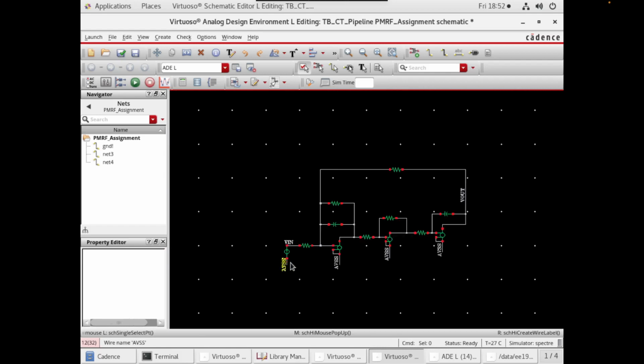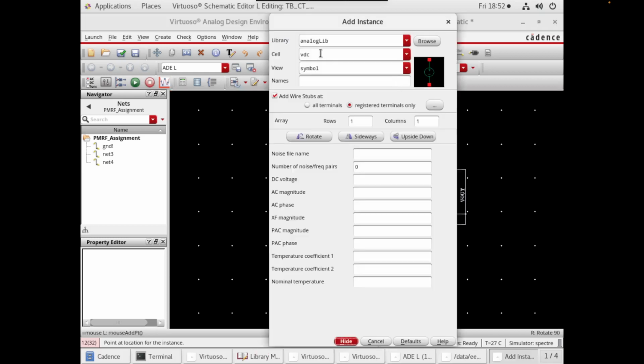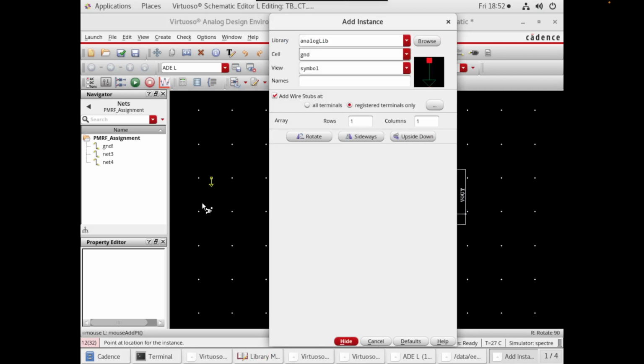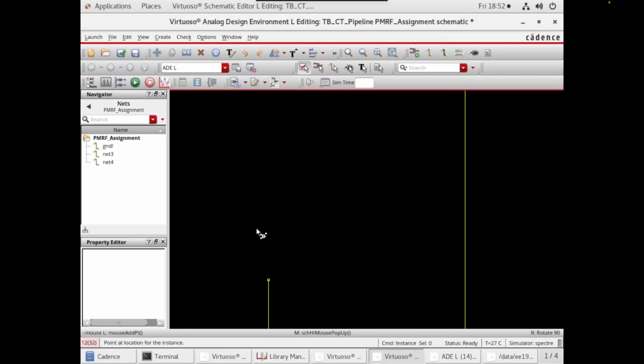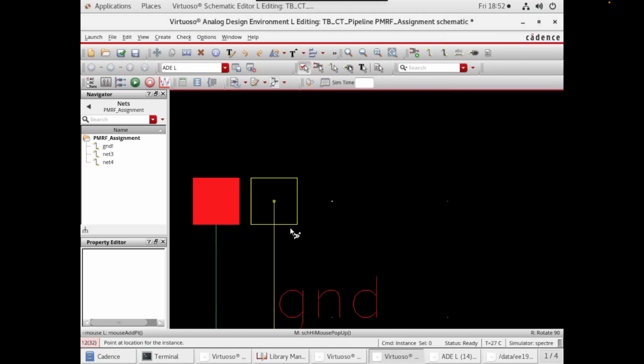Since I have named all the nodes as AVSS, these nodes are all connected. So I will create one common ground. How will I create that?